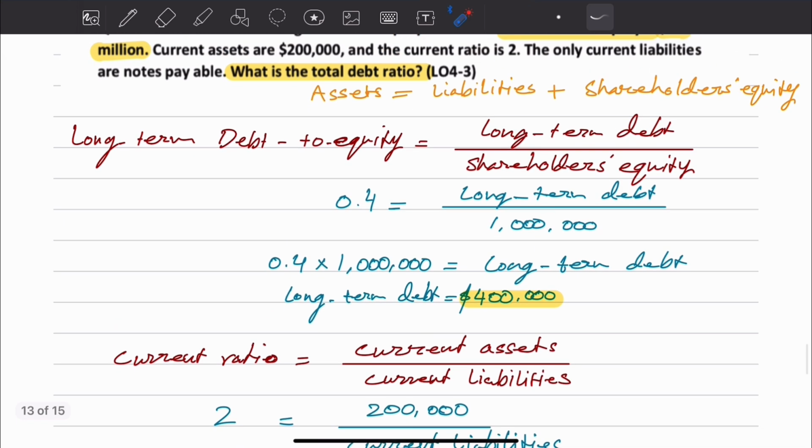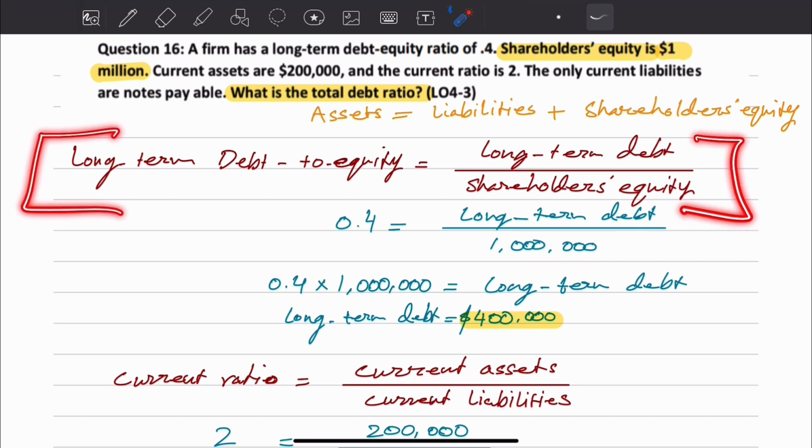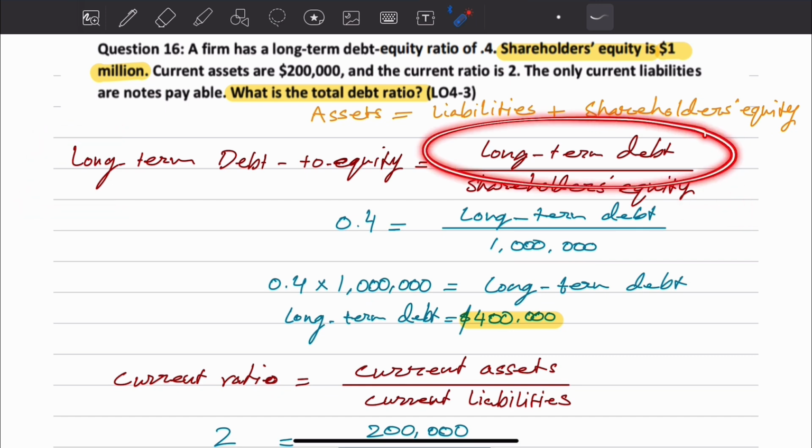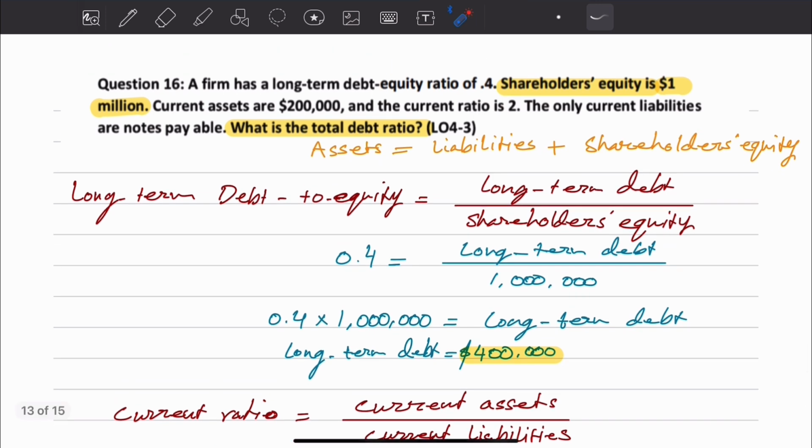So what we've done is we used the long-term debt to equity formula right here to find the long-term debt, because it was given to us in the question that the long-term debt to equity ratio is 0.4. Okay, so we took advantage of this piece of information.